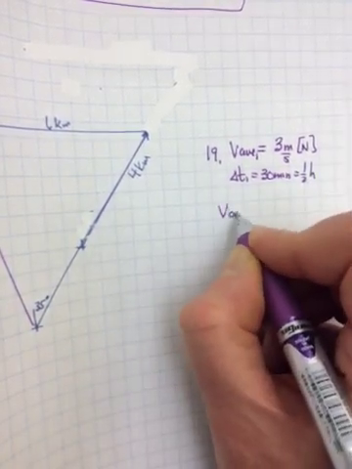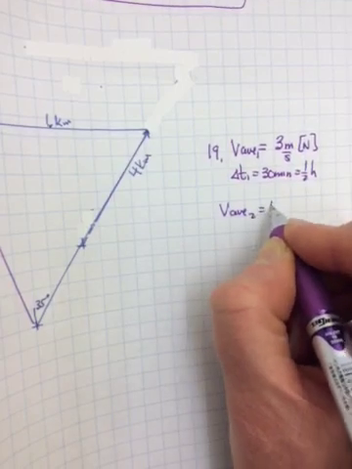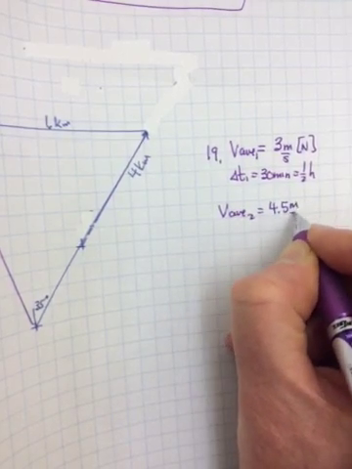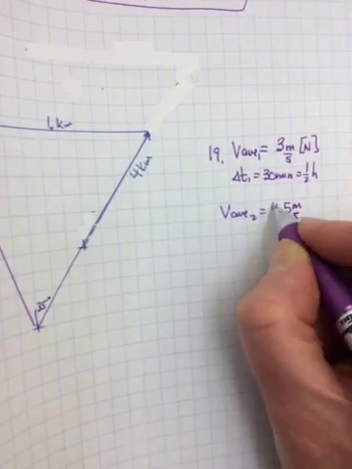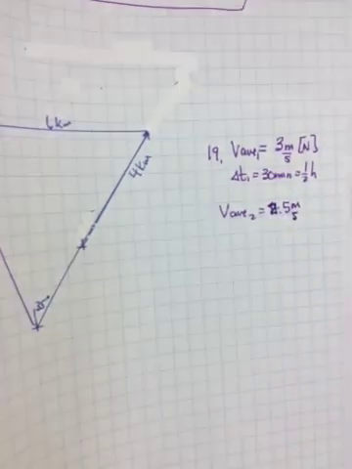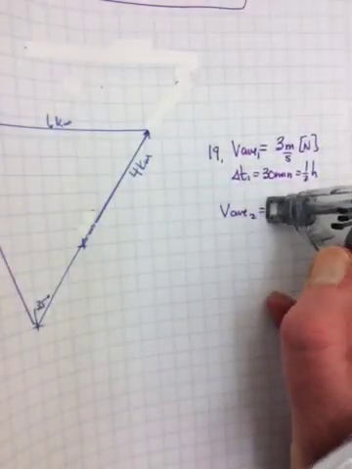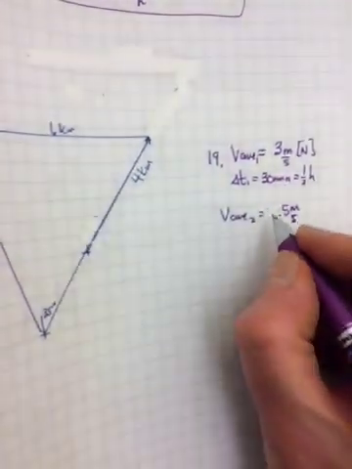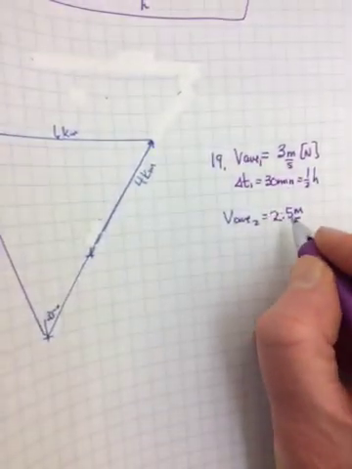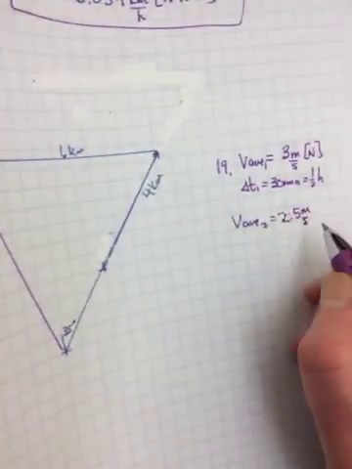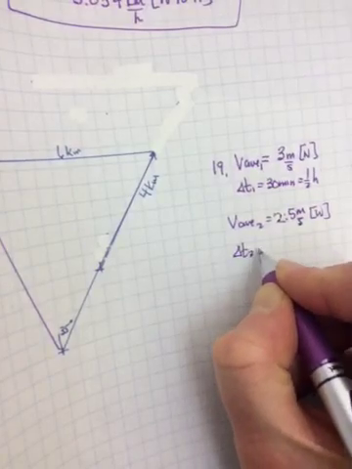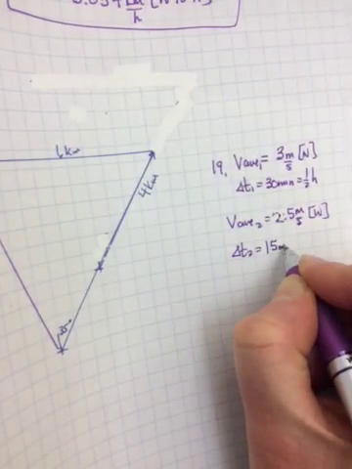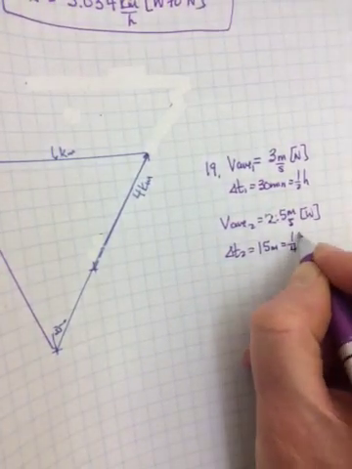And his v_av2 was 2.5 meters per second, and that was west, and he did that for 15 minutes. Delta t2, 15 minutes, which is a quarter of an hour.